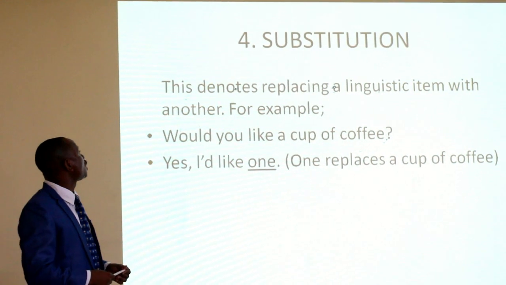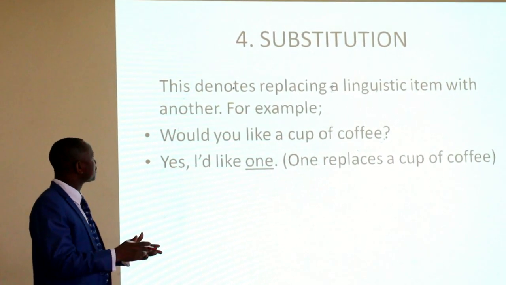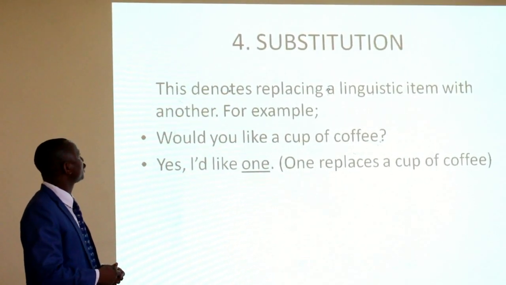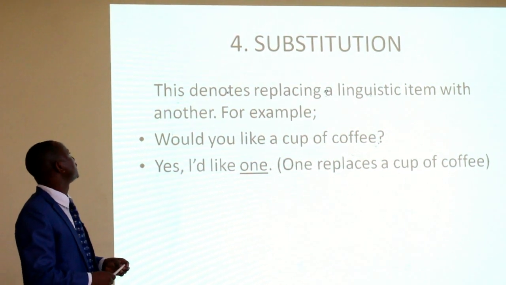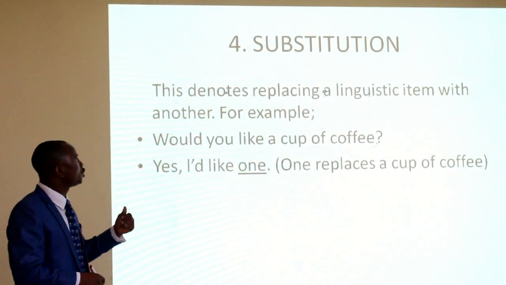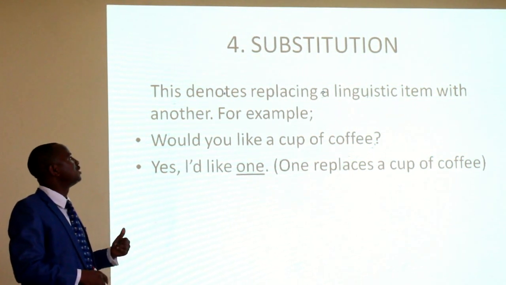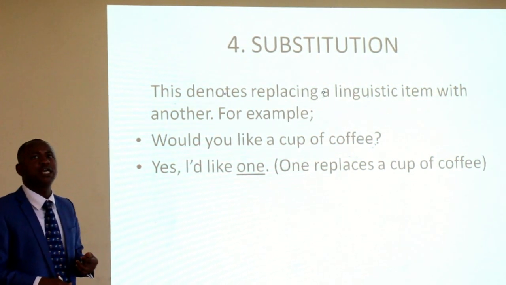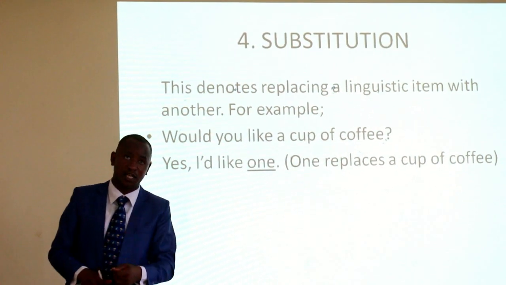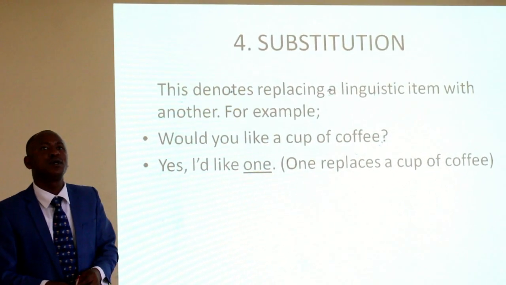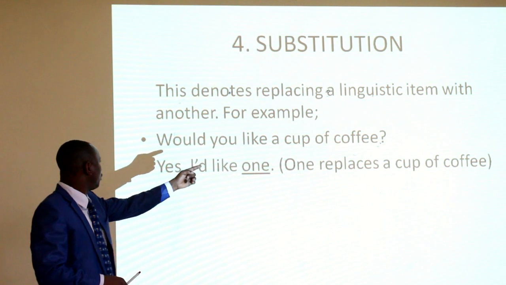Let us talk of another way of achieving cohesion in a text, that of substitution. Substitution denotes replacing a linguistic item with another. For example, would you like a cup of coffee?